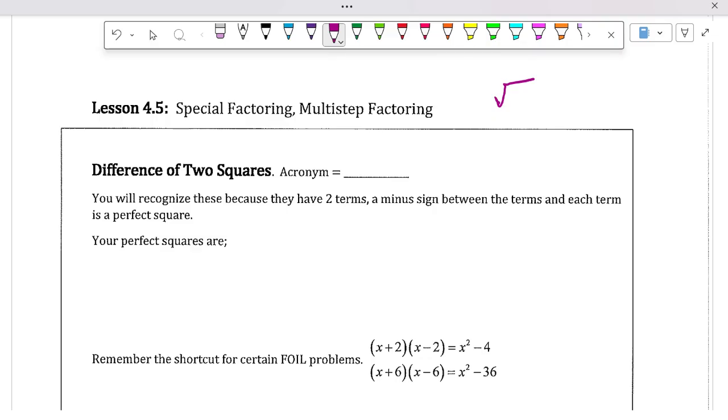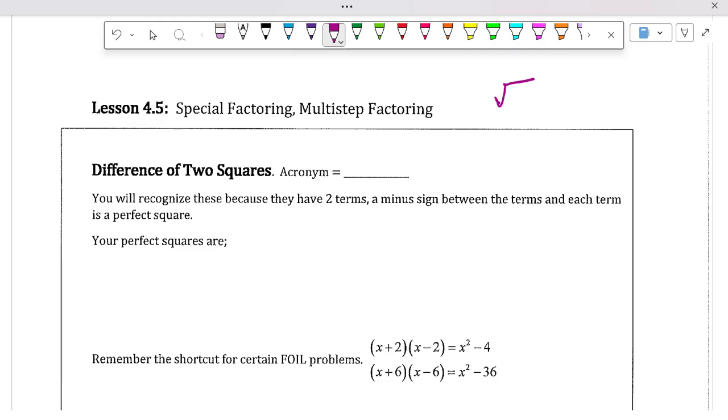Square root of 9. Square root of 16. What do all those numbers have in common? They're whole numbers. They're not any weird decimals or irrational numbers. That's what a perfect square is. If you took the square root of that number, it will give you a nice value.